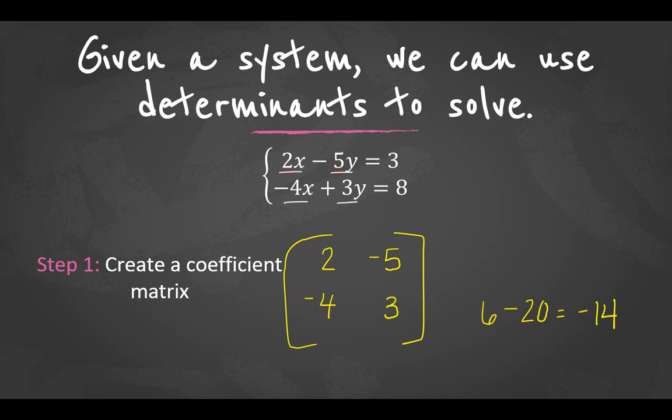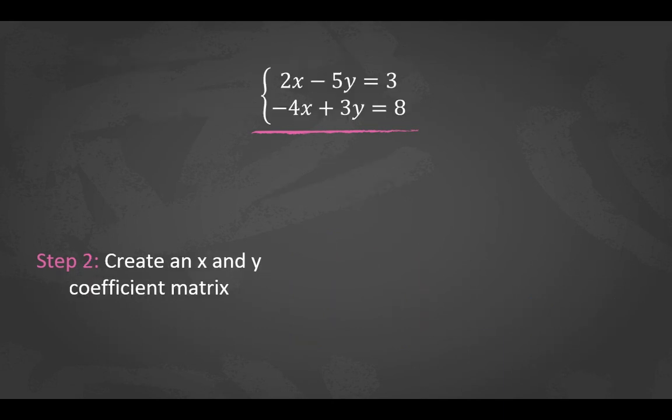Everybody with me so far? So we're just bringing out the numbers. Okay, now we're going to create an X and a Y. To create the x, we're going to replace the x coefficients with the answer coefficients.